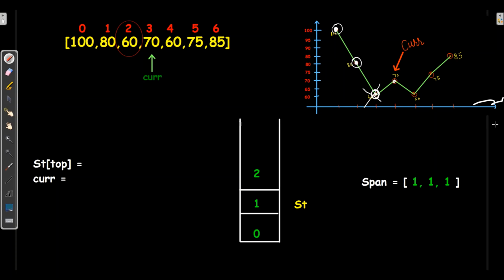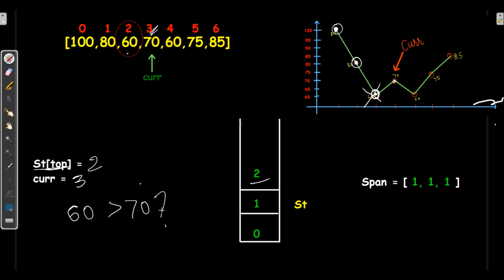Let's see here. For stack top, we have the index 2. So I'll write 2 for the current third index. So here it will be 3. Now the price for the stack top is 60. So is 60 greater than current price 70?